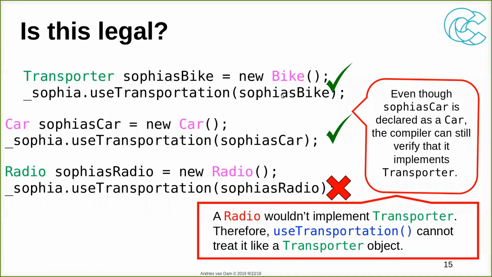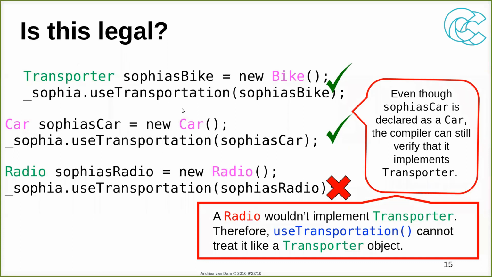The question was, within use transportation, can we use other methods of bike as well? Yeah, within use transportation it will now act as a bike object, and outside of it, it will act as the object that knows only about the transporter methods.